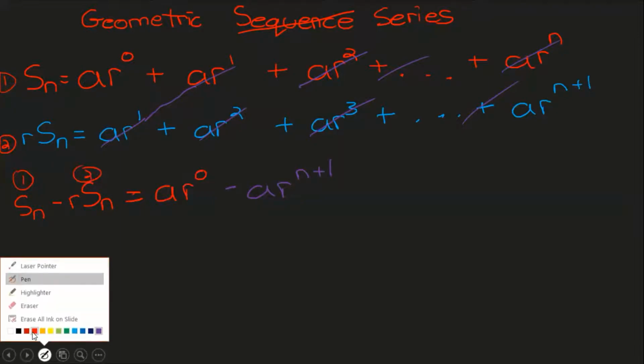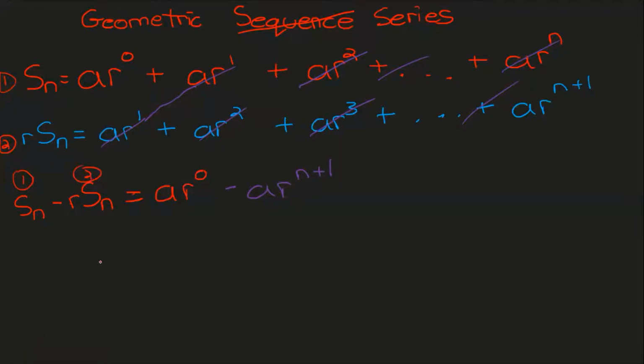Okay, that's great. Now what can we do? Do you see anything that we could do? Yes, we could factor. So in our first part here, we're going to factor out S sub n. So if we factor out S sub n, we're left with 1 minus r. a r to the 0 is simply a, right?